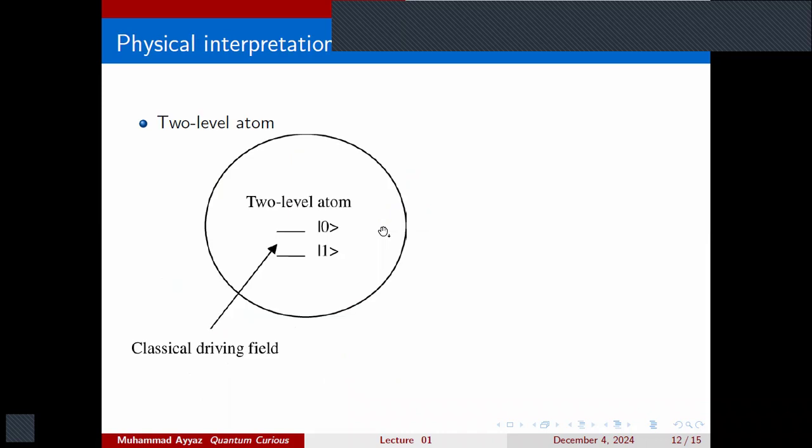So a physical interpretation could be seen as the two-level system. So we have a two-level atom which has two orbits, we could say, and we have an electron. So classically, the electron can be in a 0 state or in a 1 state.